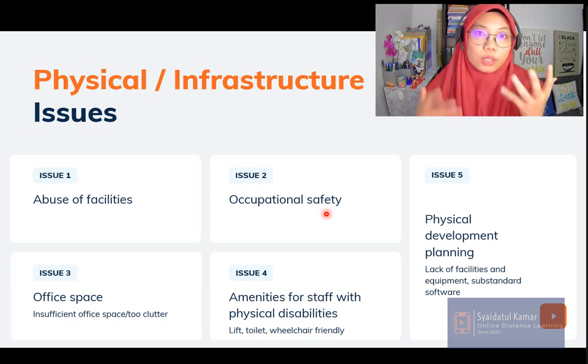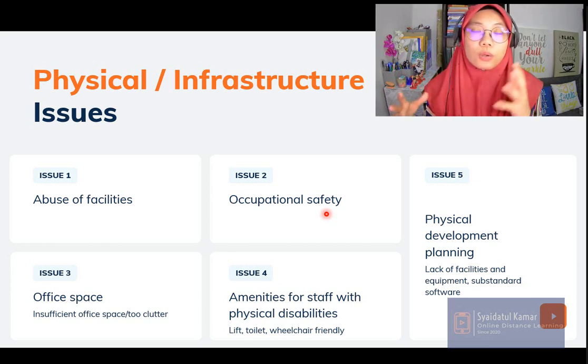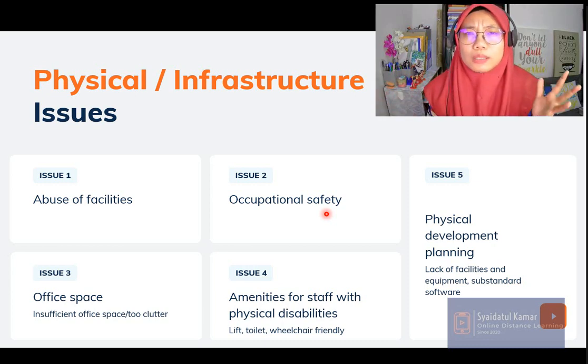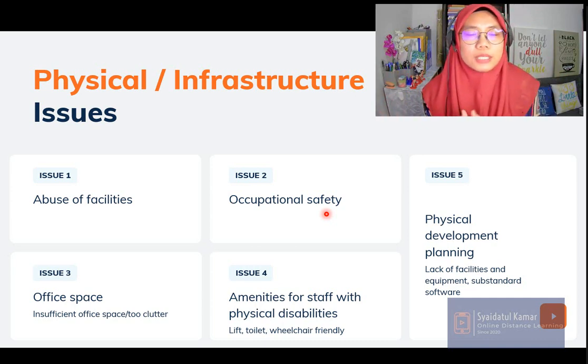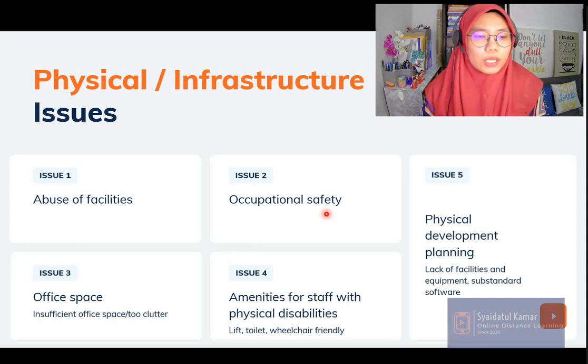So you have to consider that as well. The condition of the building, is it an old building? The roof can fall at any moment if it's an old building. If it's a new building, is it safe? Is there any crack on the wall? Things like that.